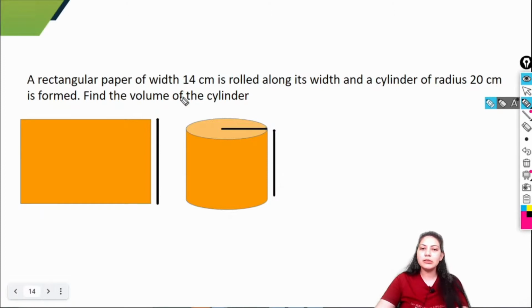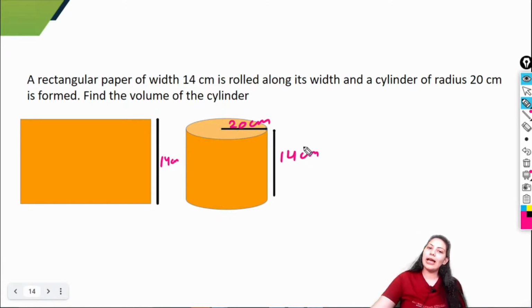So a rectangular piece, this is a very similar question. A rectangular piece of width 14 centimeter is rolled along its width and a cylinder of 20 centimeter is formed. So this is 14. Again the volume of the cylinder. We are given the radius and we are given the height.